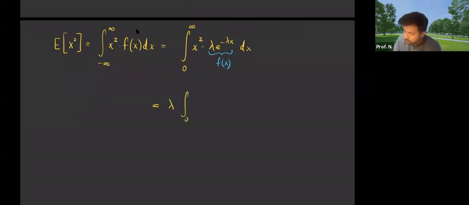So we get lambda times the integral from 0 to infinity of x squared e to the negative lambda x dx. Now the question becomes, how do we compute this integral? You have to remember how we computed the integral for the expected value of x. So what do we do here? What's the integration technique that we have to apply here?